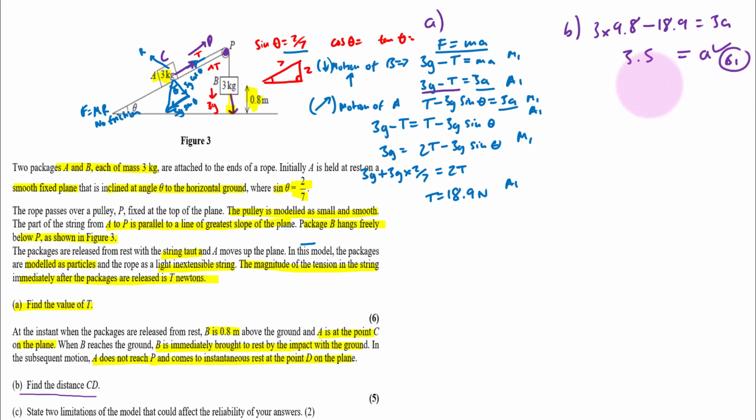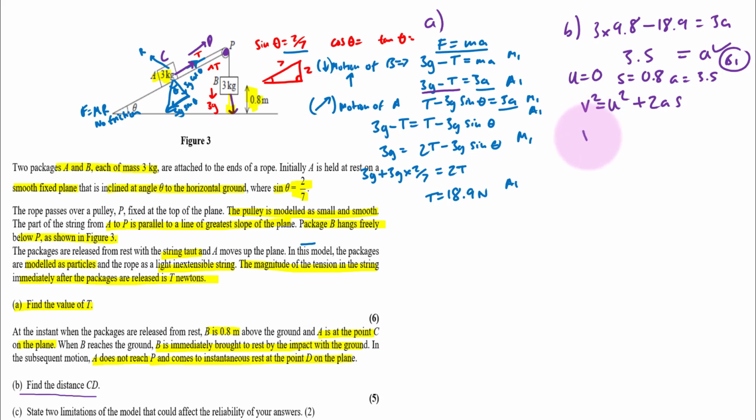Now we need to use our SUVAT here, because the acceleration is constant, and we're going to use v squared equals u squared plus 2as. Now why are we going to use that? Because we know u equals 0, we know the distance is 0.8, and we know a equals 3.5, and we want to know our v squared.